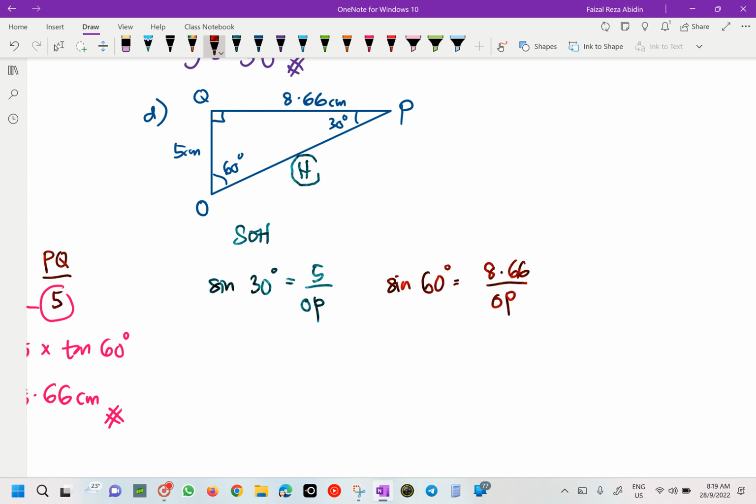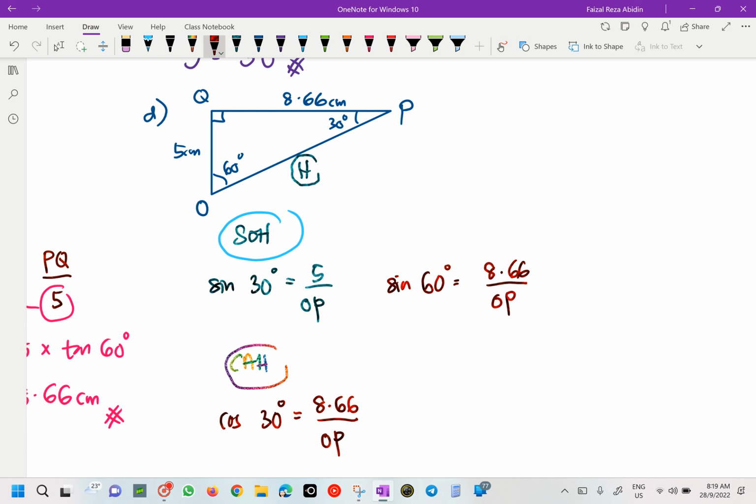Am I right? If you are using sine, what if you are using cosine? Can? Can. Okay. If we are using cos 30 degree, can or cannot? Adjacent is going to be 8.66 over hypotenuse OP.